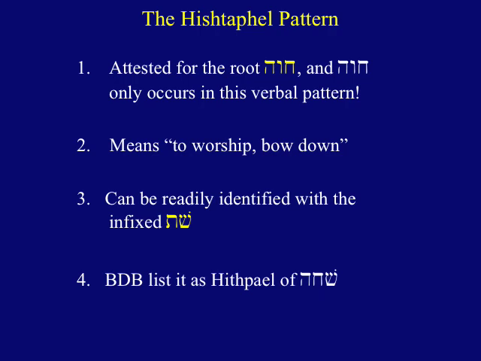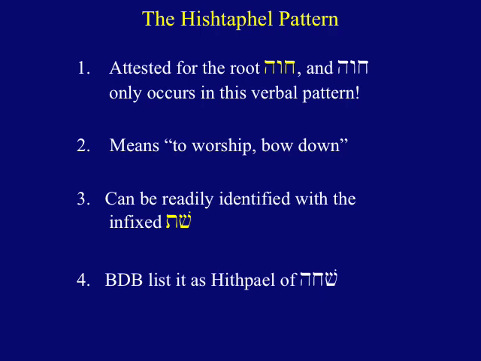Chet vav hey only appears in the hishtafel pattern. That's right, not the hithpael, which is what you just learned. This is a bonus verb stem that you don't know yet. You're learning it now. It's only attested in one root, chet vav hey. And in turn, chet vav hey is only attested in the hishtafel verbal pattern.